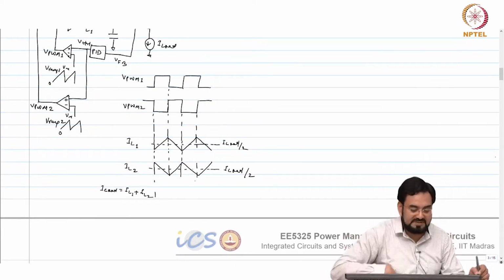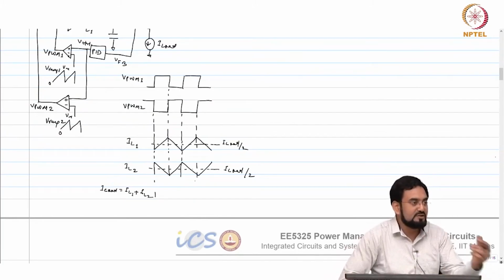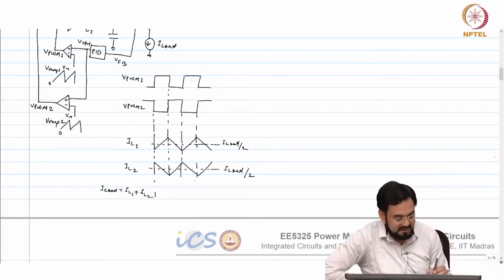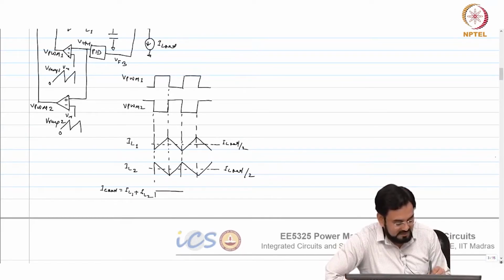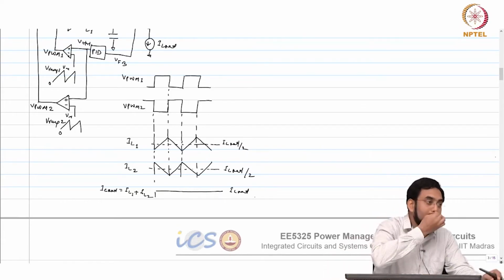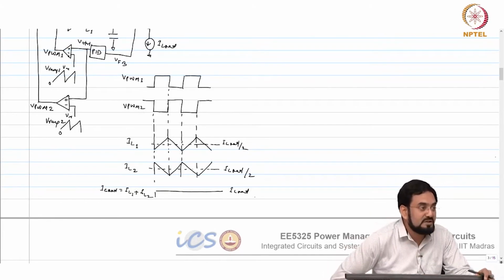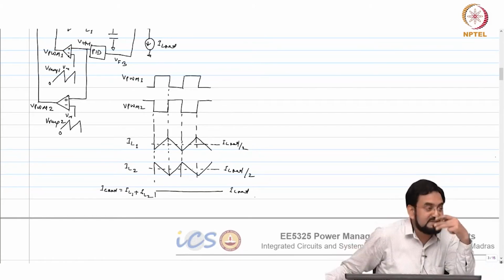So, let us say it is a 50% duty cycle, rising and falling slopes are same, what will be the current? I load. DC? Where is the ripple? No ripple. Ripple is cancelled out, huh? 0 ripple. This 50% duty cycle, huh?